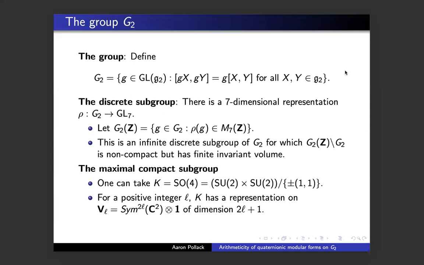If you give yourself the 7-dimensional representation, then you can find the Lie algebra inside the exterior square of the 7-dimensional representation. The exterior square is 21-dimensional. As a representation of G2, it breaks up into a 14-dimensional piece and the 7-dimensional representation again. And that 14-dimensional piece is the Lie algebra. Okay, thank you.